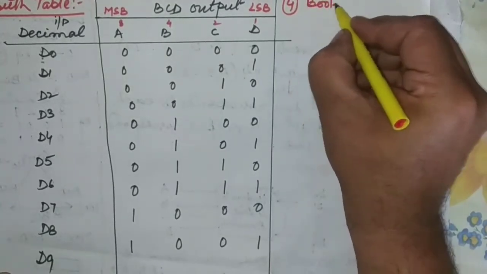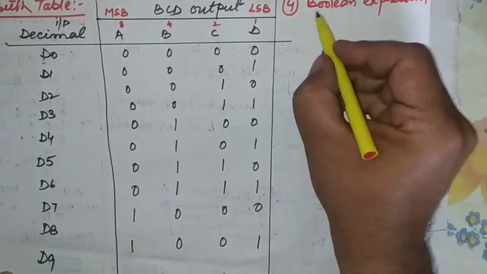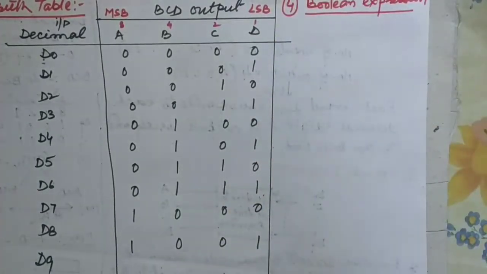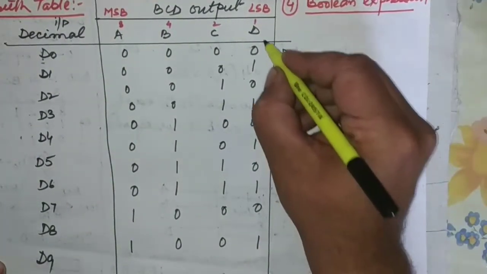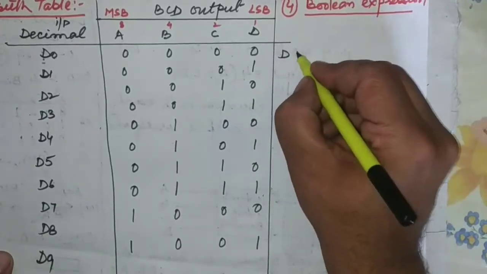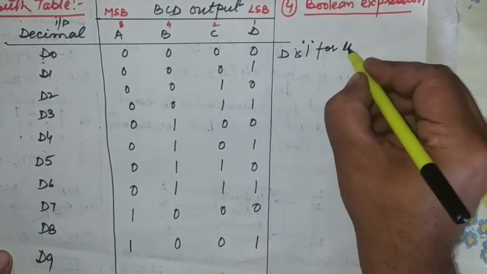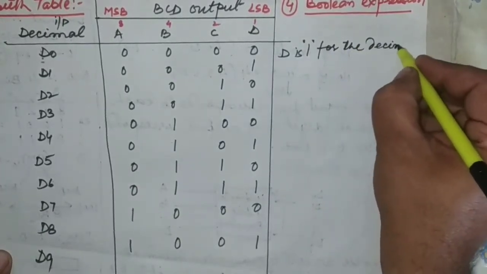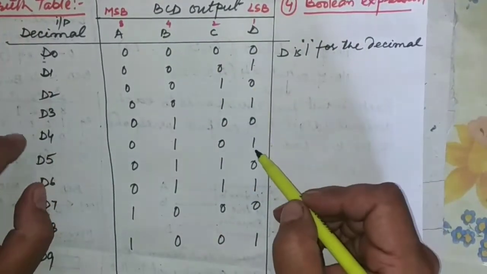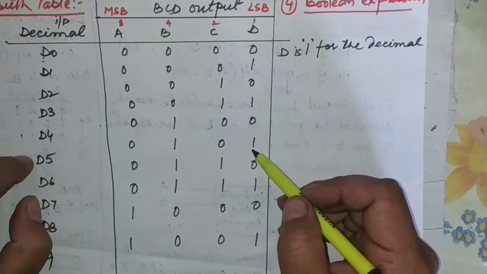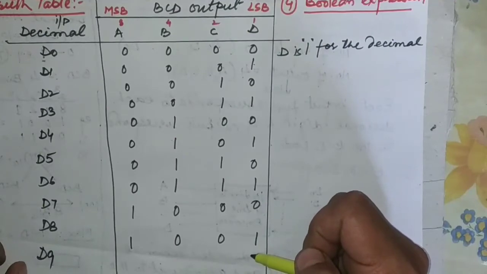Boolean expression for all the outputs. So Boolean expressions. See the D. So D is 1 for the decimals D1, D3, D5, D7 and D9.